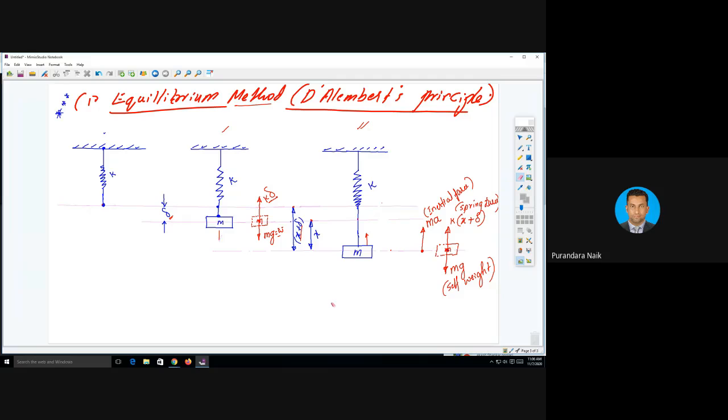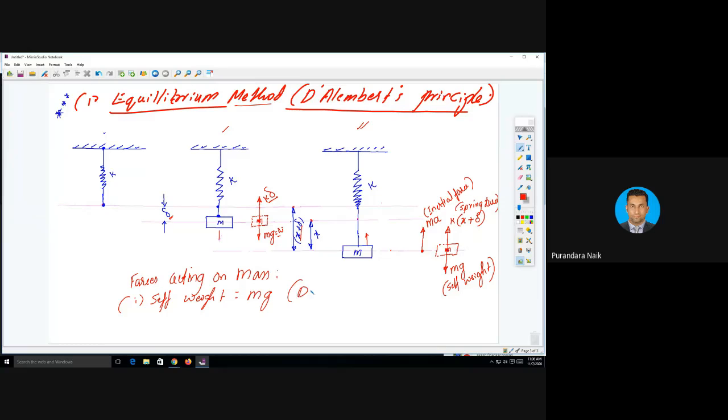All of you finished? Copied the figure? Yes. Write down below: forces acting on the mass. The first force, weight, or self-weight, is equal to mg.